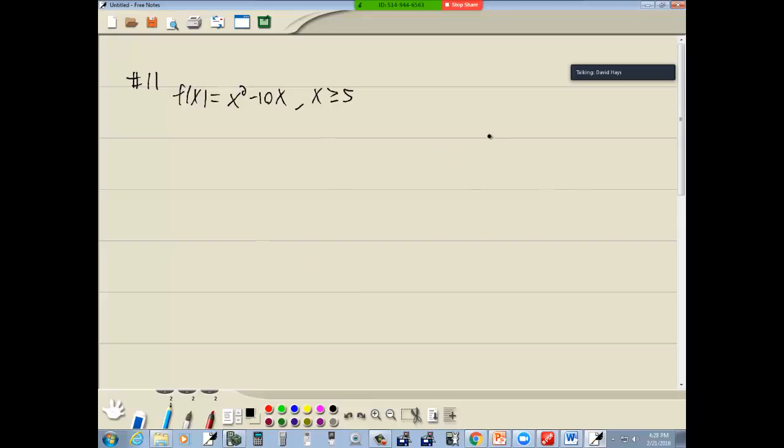If I were to graph this, remember your vertex is negative b over 2a and f of negative b over 2a.